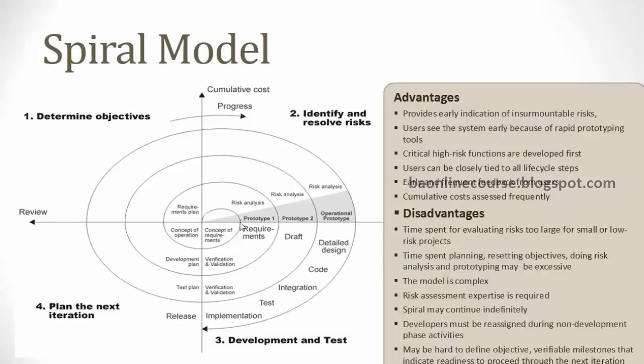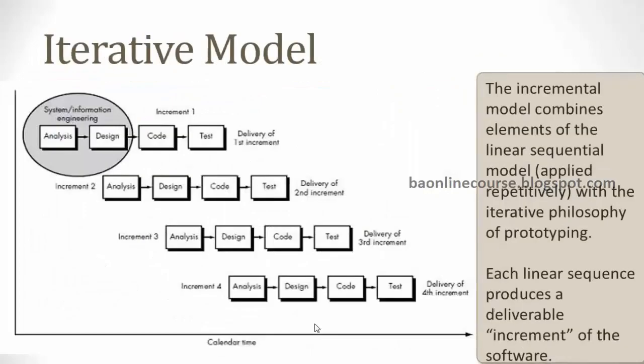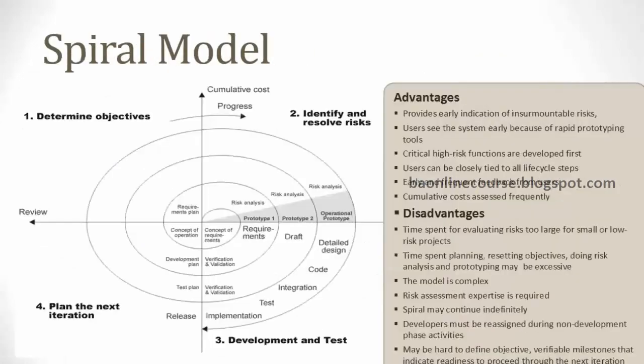But again, it's similar to an iterative model in a sense, right? So with each iteration, you'll have a defined scope. Just that before identifying those iterations, you're figuring out what your objectives are and what key risks are involved with it, and then carrying it out in an iterative model. It would be similar to your iterative model.